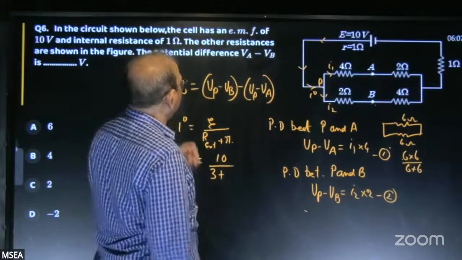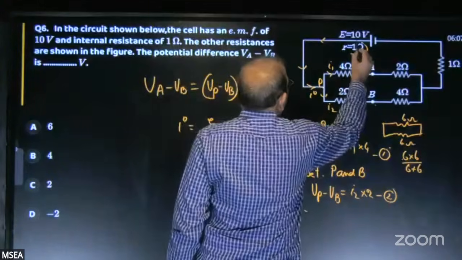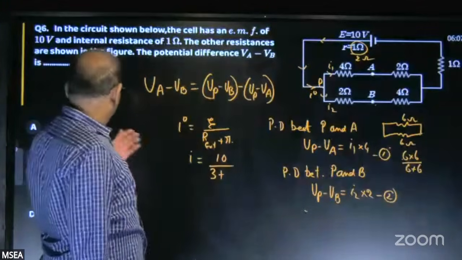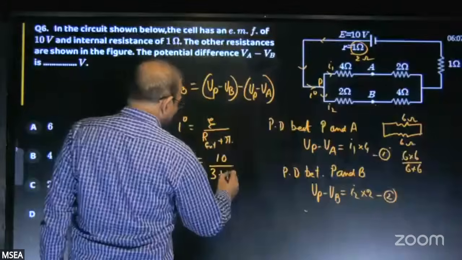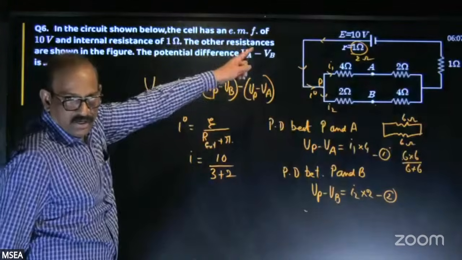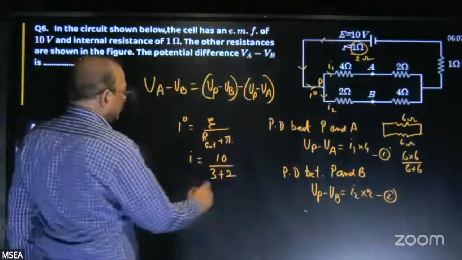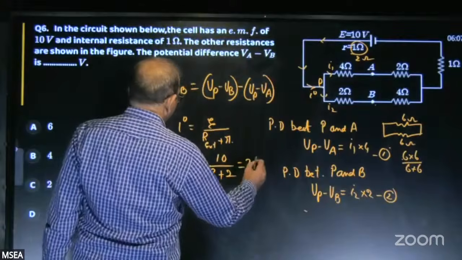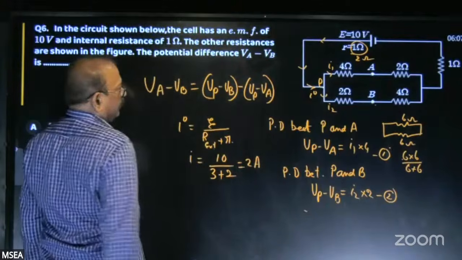Print mistake: internal resistance here is coming as 1 ohm. You take it as 2 ohm. 3 plus 2. Then 10 by 5, 2 ampere is the total current.